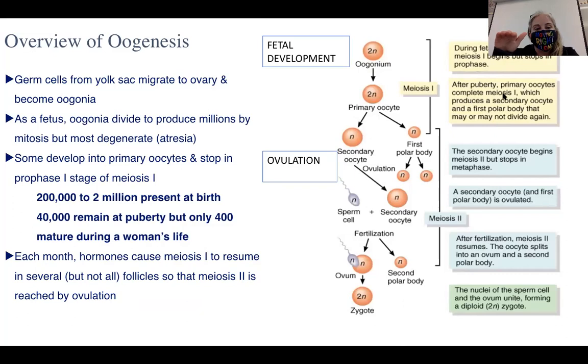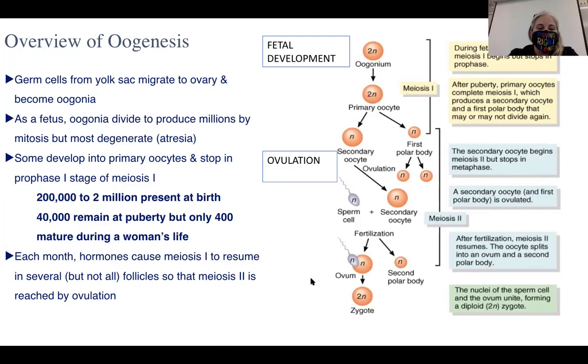It then arrested until puberty to finish meiosis one. Started meiosis two at time of ovulation, and then doesn't finish meiosis two until after fertilization. So, technically speaking, if a female ovulates and the egg goes unfertilized, it actually never finishes meiosis. So, it needs to be fertilized to finish meiosis two and to extrude or get rid of the last polar body.